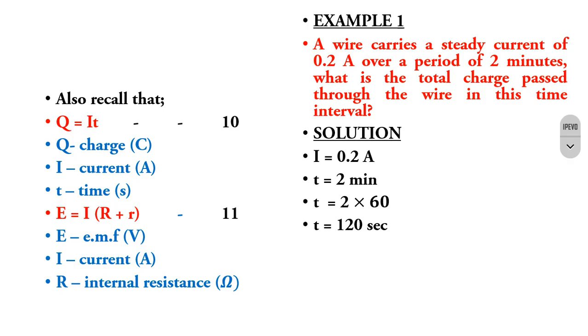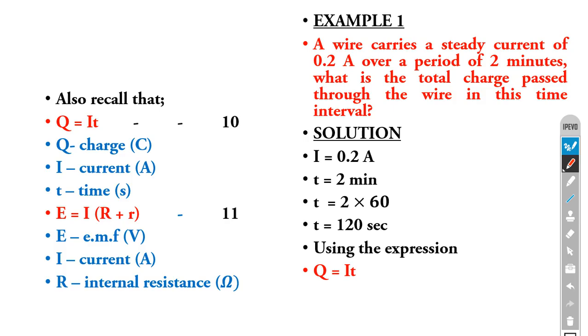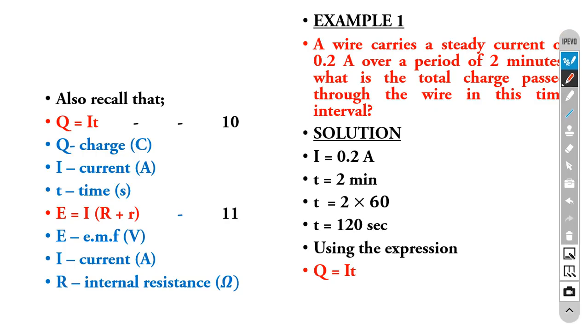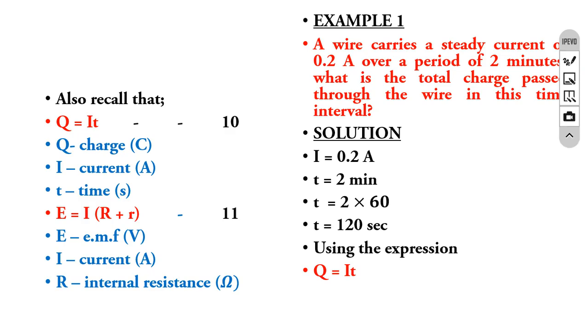The next thing is to choose a mathematical expression. So I've decided to pick equation 1, Q equals IT, and then substitute the given values. The value for I is 0.2 ampere, and this one is for T. When you substitute them into the expression here, you obtain your answer.